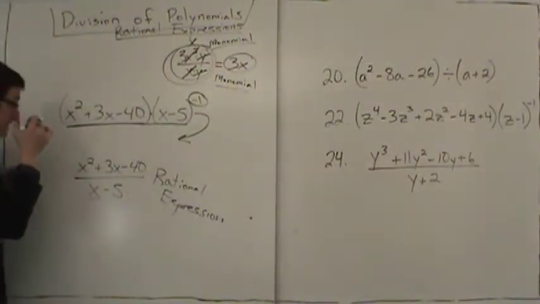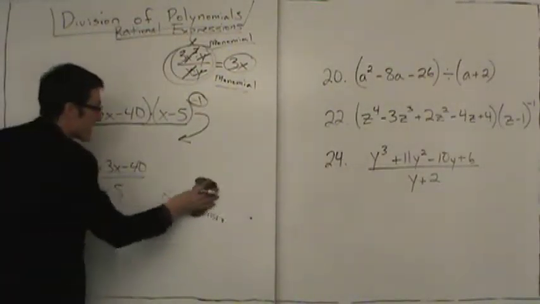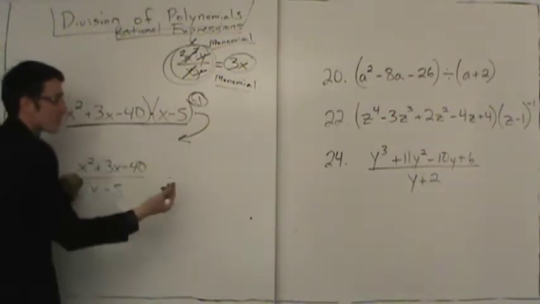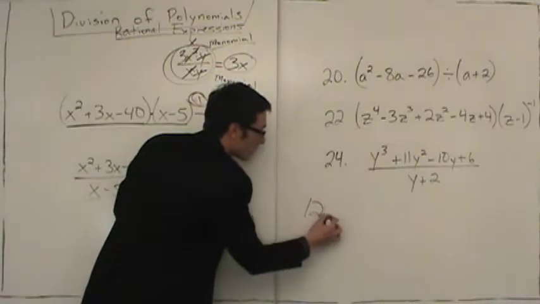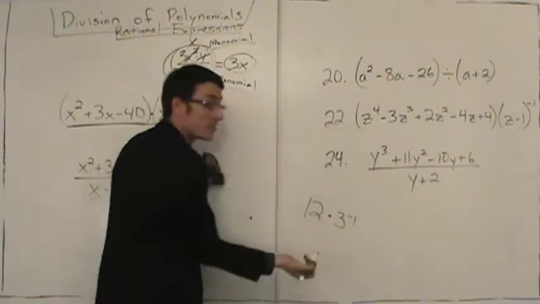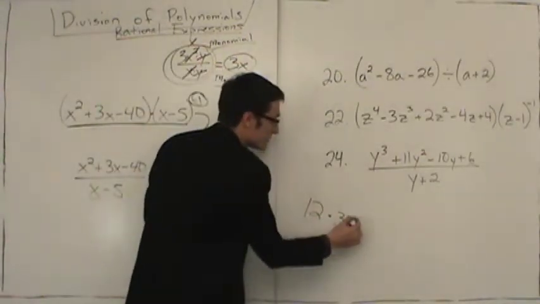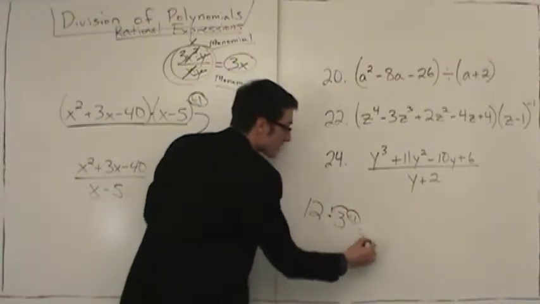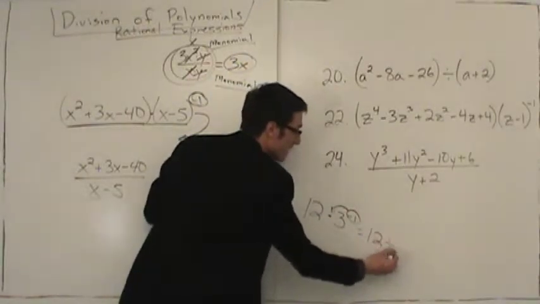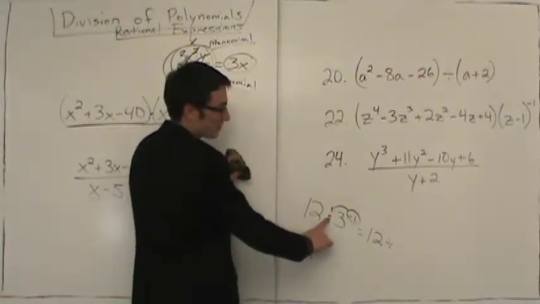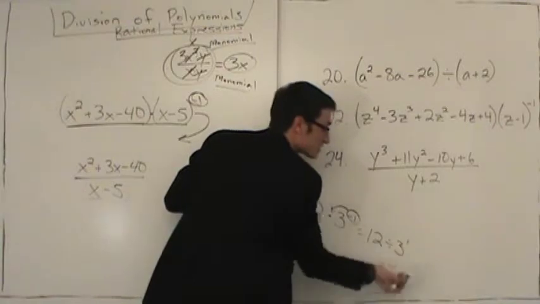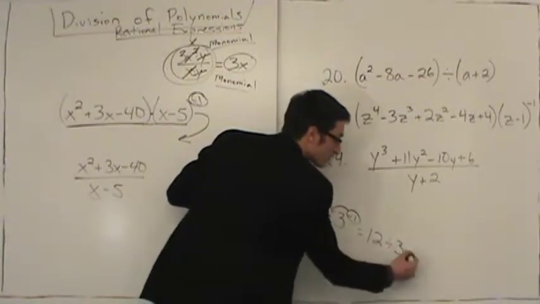Now, there's another way to look at this problem. You can also think of negative exponents as changing multiplication to division. For instance, if I write 12 multiplied by 3 to the negative 1 power, remember negative 1 exponents mean change multiplication to division. So we can look at this as 12 divided by 3 to the positive 1, and 12 divided by 3 gives 4.